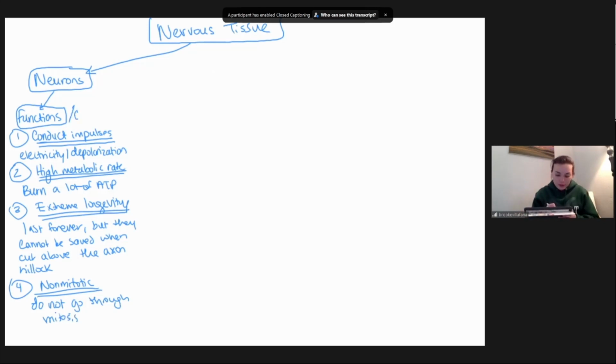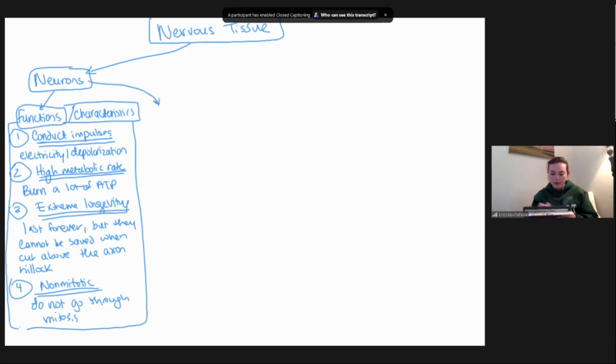We'll put functions / characteristics of the neuron. So that's the first little part to your outline. The next part to your outline is the structure. I don't know if I love the word structure. Let's do makeup, like what they are made up of.